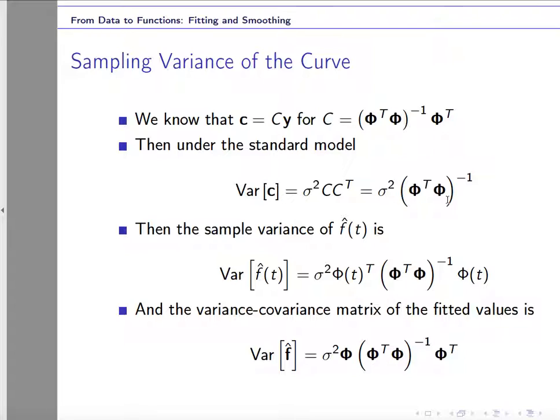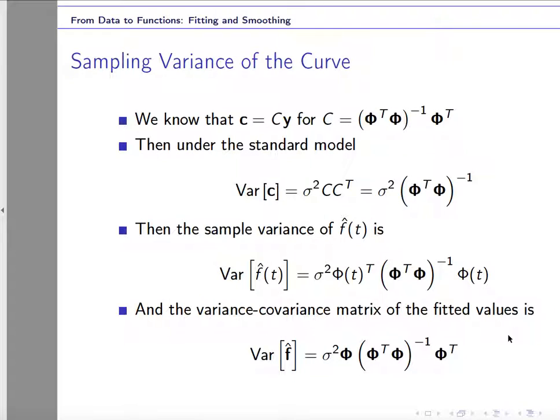Okay, and you can also calculate the variance of f hat. Because f hat is equal to phi of t times c hat, you can calculate the sample variance of f hat, and also get the variance-covariance matrix for the fitted values f hat.